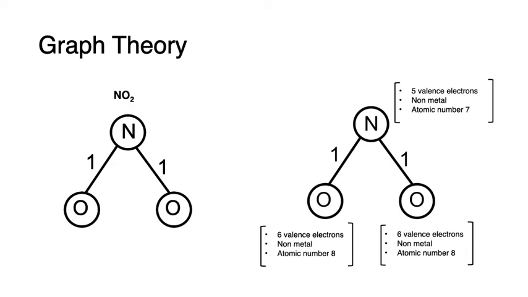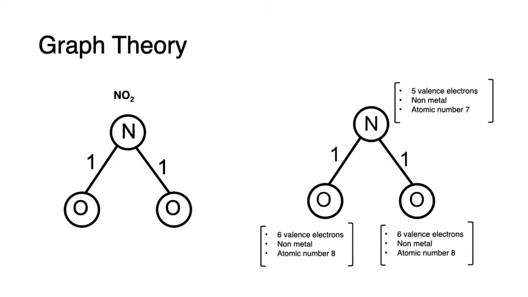Another important thing here is that this graph consists of nodes, and these nodes further have features, which we call node features. Each node has its own features, such as valence electrons, non-metal or metallic structure, and atomic number.